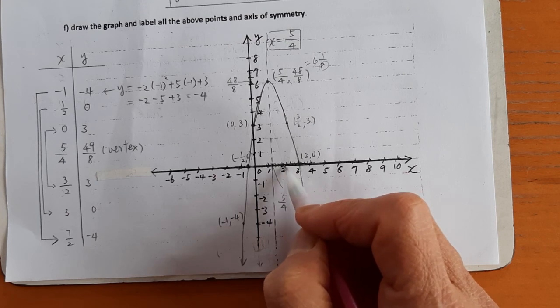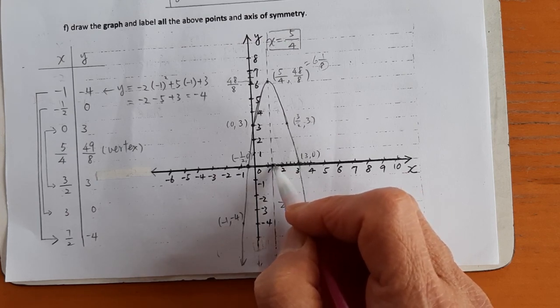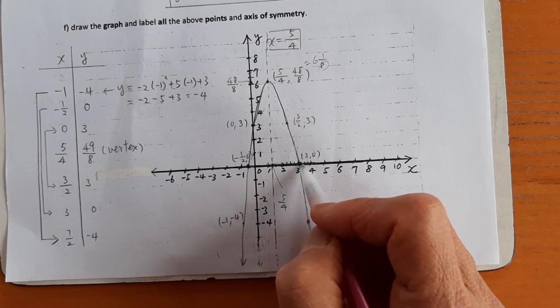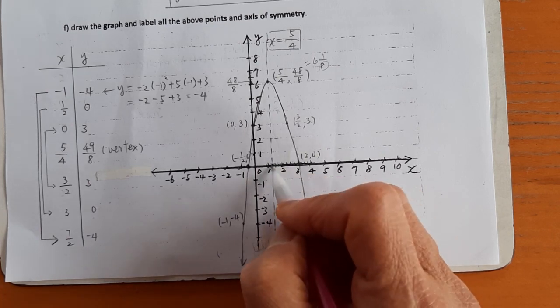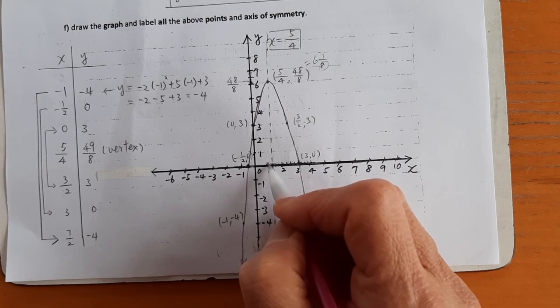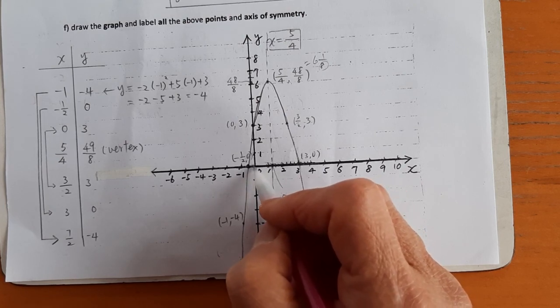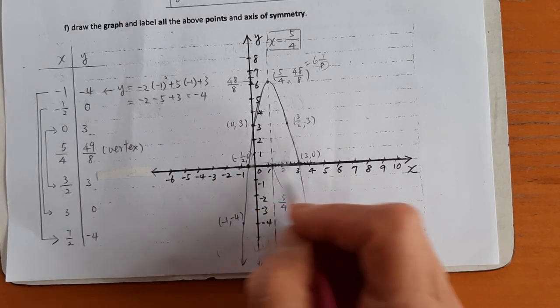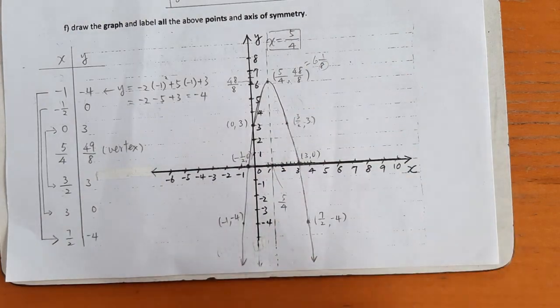This is 1 and 3/4, total 7/4. And to the left also 7/4. So this is symmetric to the axis of symmetry.